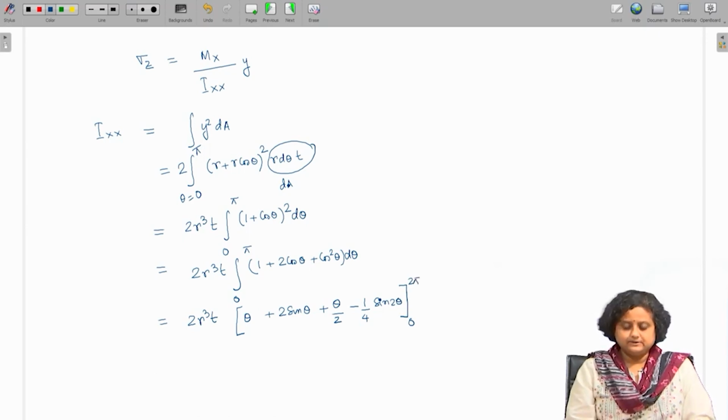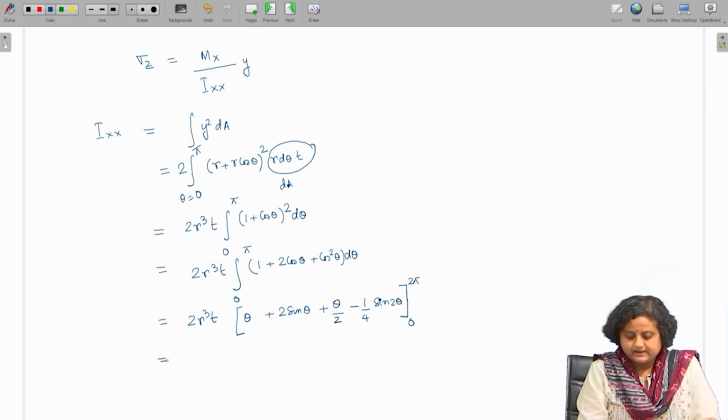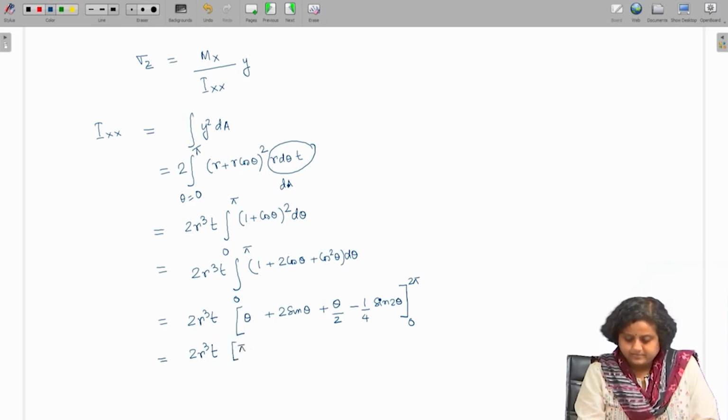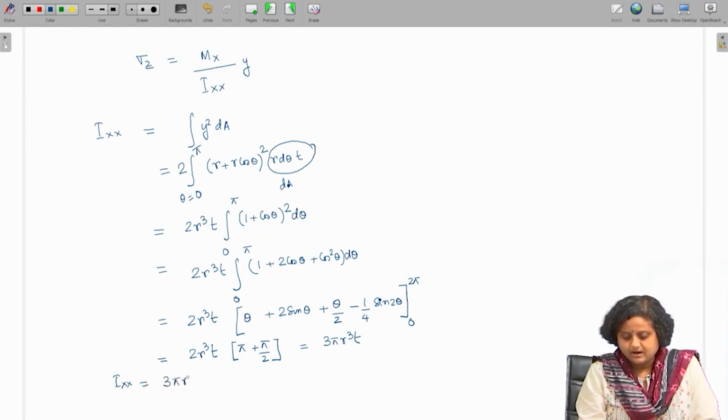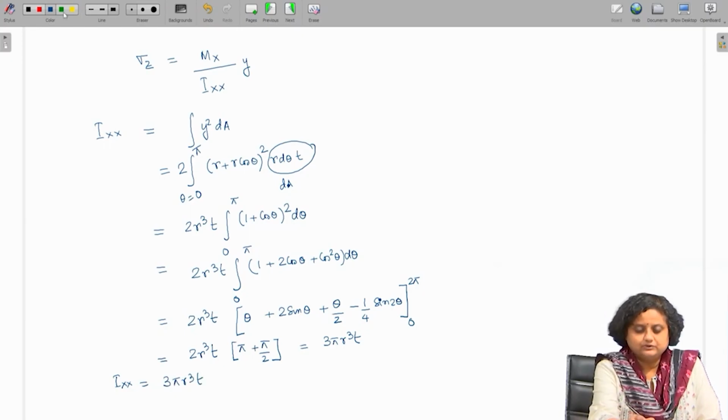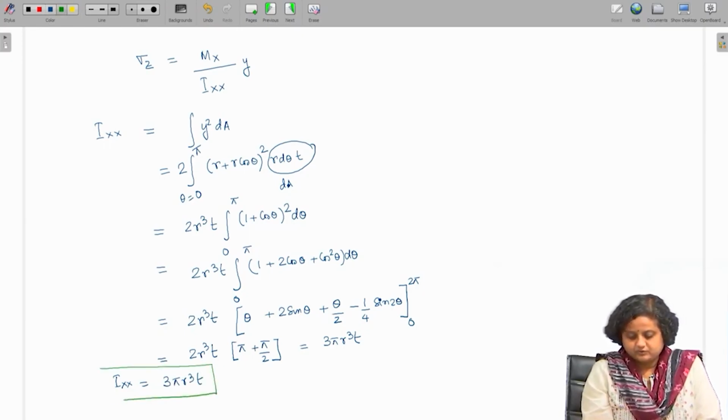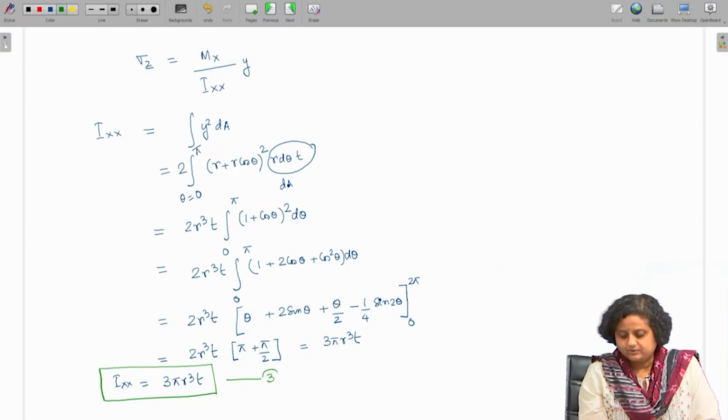If we evaluate this integral further, this will end up being 2 r cube t, pi plus pi by 2, which will be 3 pi r cube t. So, therefore, my Ixx for this two symmetric semicircular cross section is 3 pi r cube t. So, this is the expression 3 that we will be using.